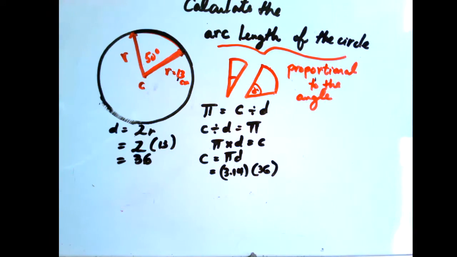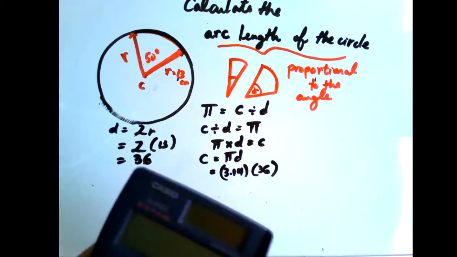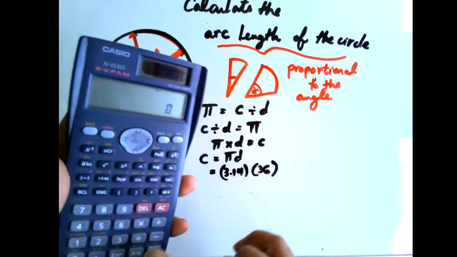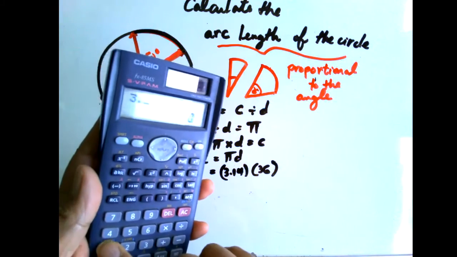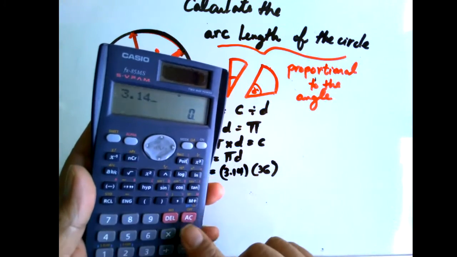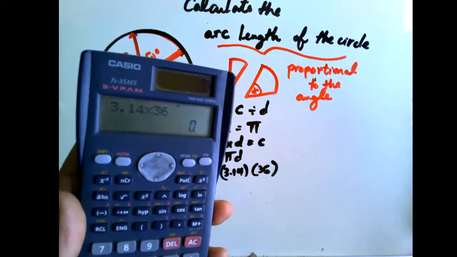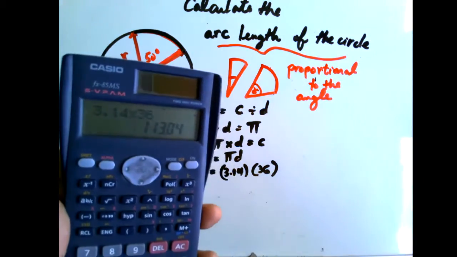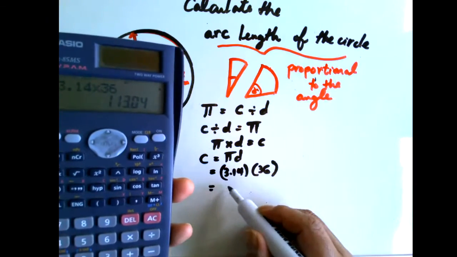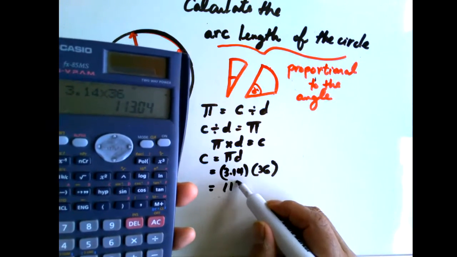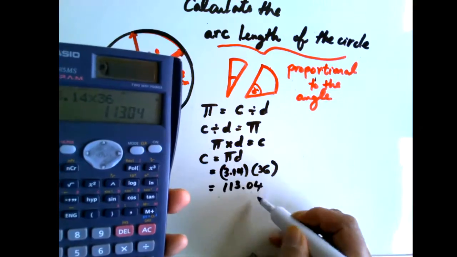And so we get the calculator. So we have 3.14 times 36. Our answer is 113.04.